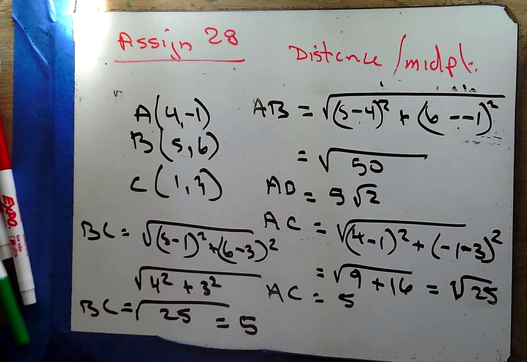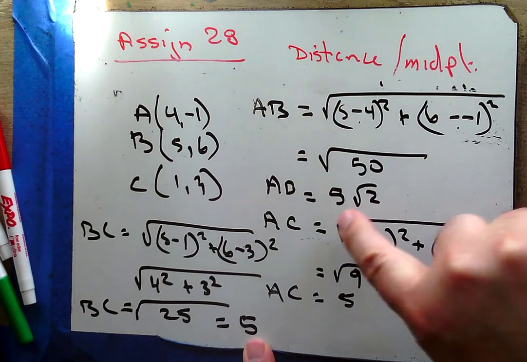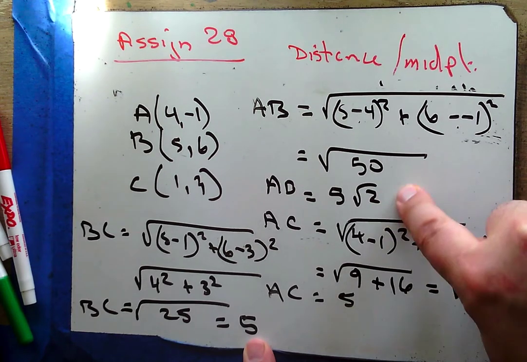Okay, so curiously, I have at least two sides that are congruent, so I know this is isosceles. And do these sides work in the Pythagorean theorem? Well, these are the same. This one is 5 times a number more than 1, so this is a number bigger than 5.